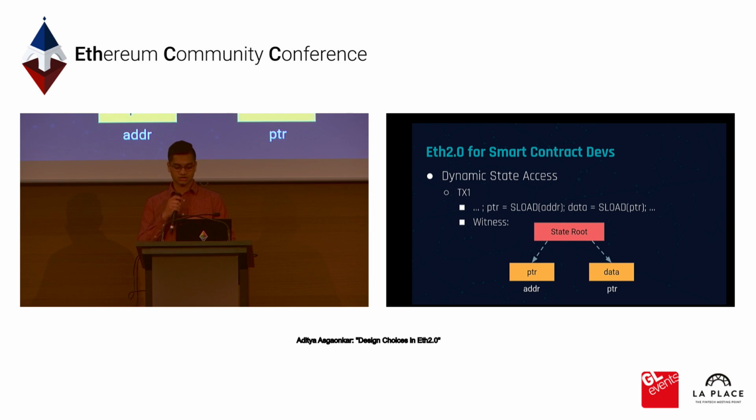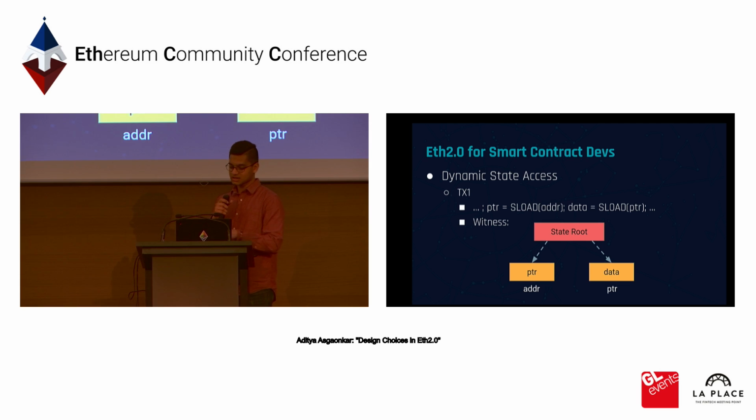Then you have this instruction which loads a pointer from an address in storage. So you do sload address and assign it to this variable called pointer, and then your actual data is at the memory location of the pointer. First you load the pointer from storage, and then you load the data from storage from the address of the pointer.